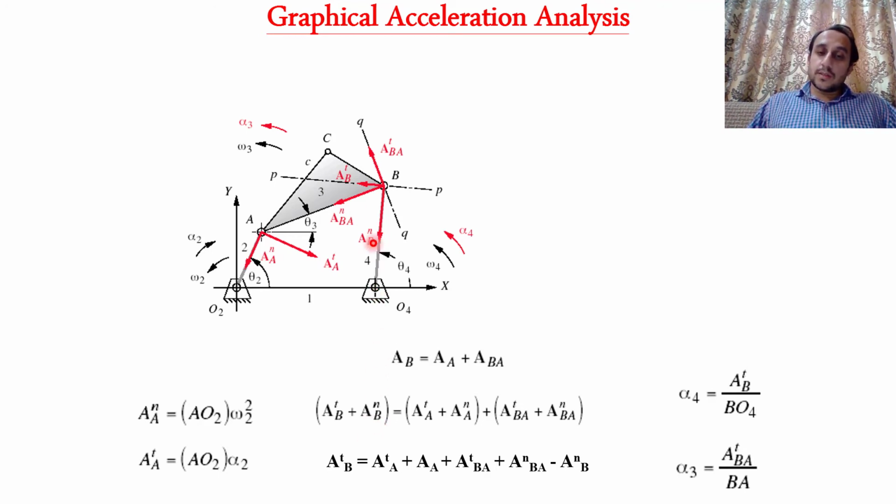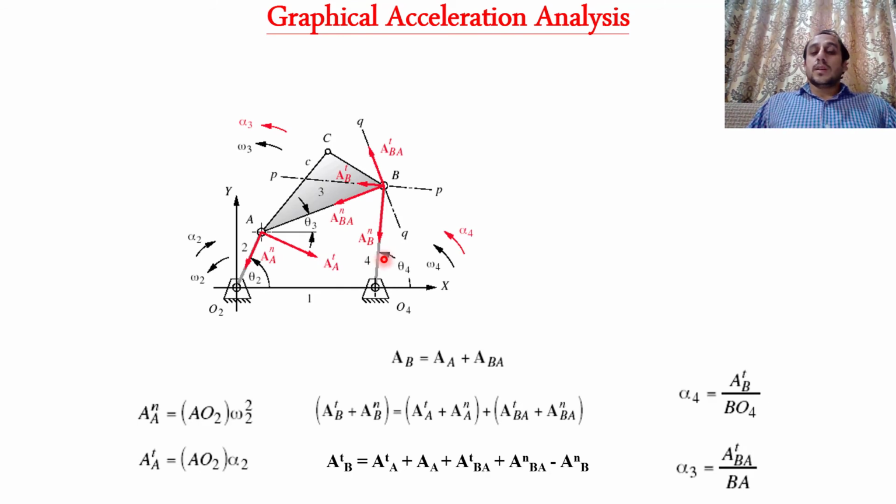The position vector is in this direction from O4 to B. So what will be the direction of this ABN? That will be opposite to O4B, which is from B towards O4. So this is the direction of the normal component of acceleration of point B.